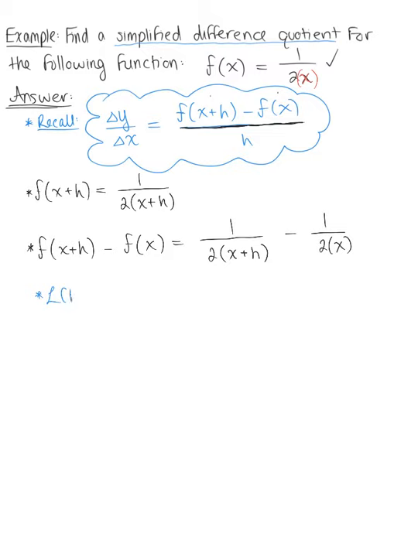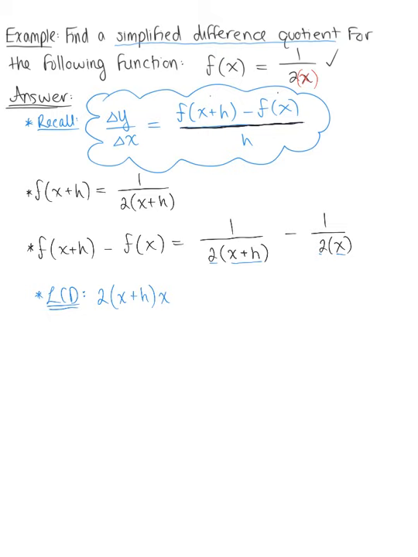So our least common denominator is going to be the product of the factors of our denominator that appear the maximum number of times in any one denominator. So we can see both denominators here contain 2, so that's part of our least common denominator. We also have the factor x plus h, and then we also have this factor x.